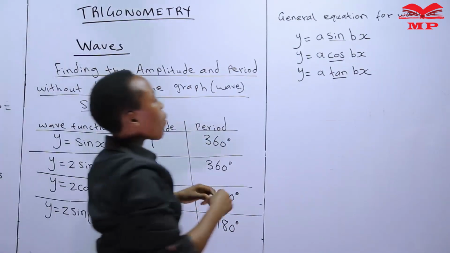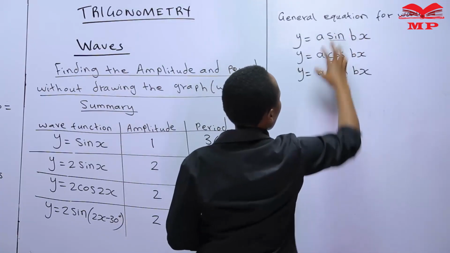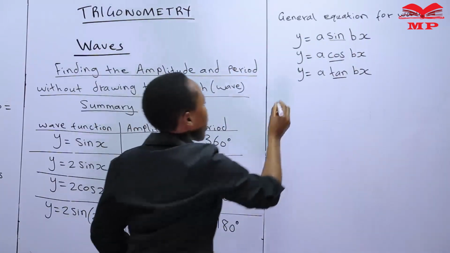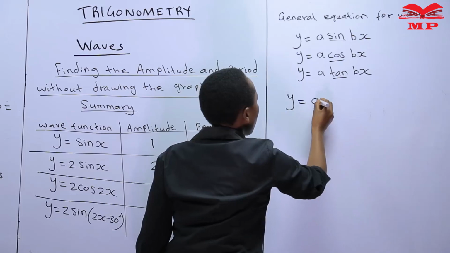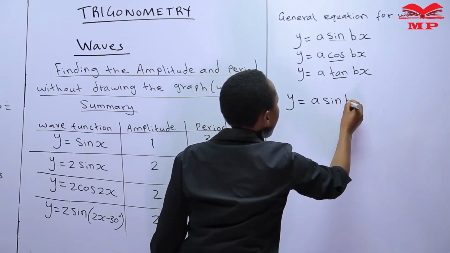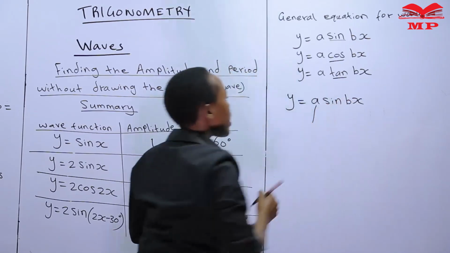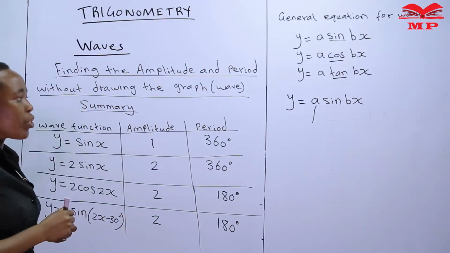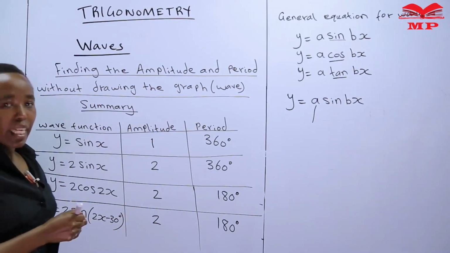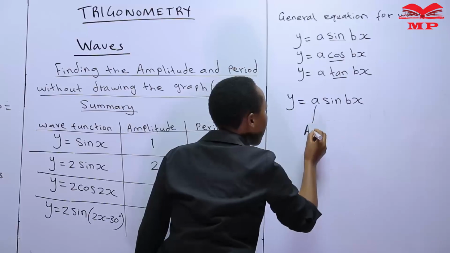Now if we have our equation as y is equal to a sine bx, our a here, which is the coefficient of the trigonometric ratio, is the amplitude.